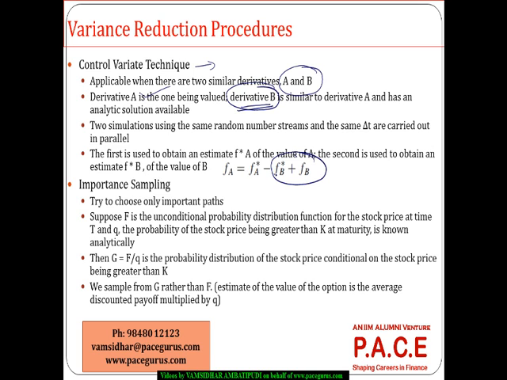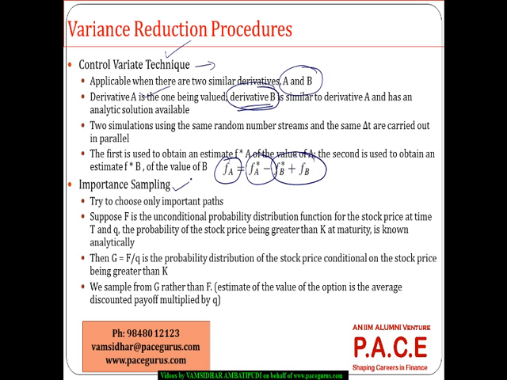That gap, I adjust it to the simulation example that I got for the other derivative, and I make it the revised value of the derivative, which will improve the solution quite drastically. That is the control variate technique.